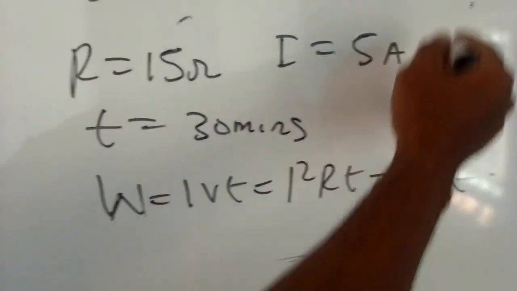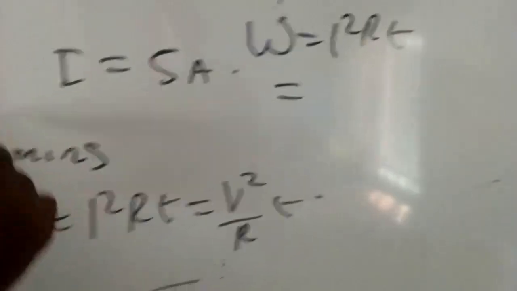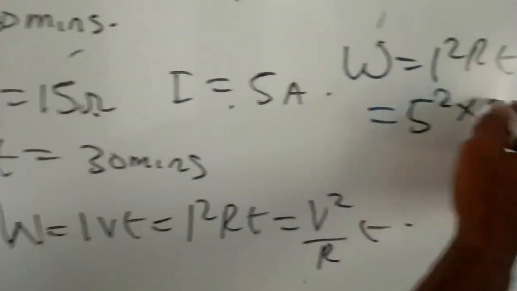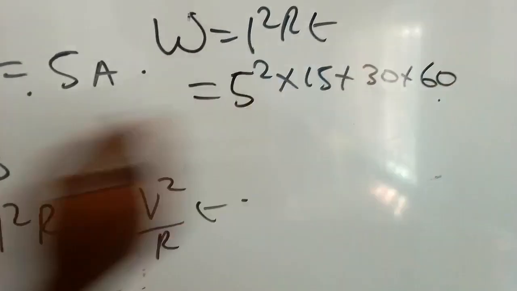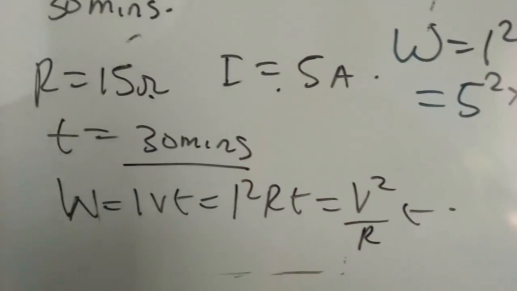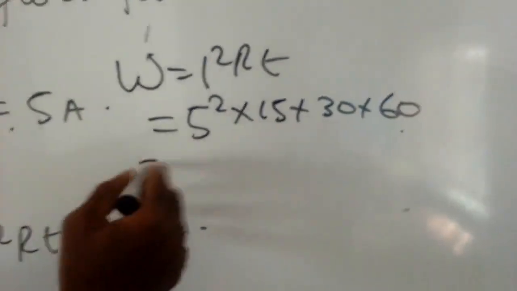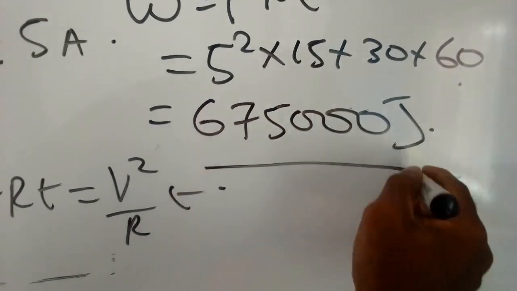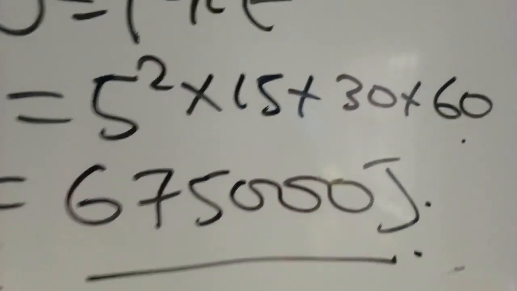So work equals I squared RT, which is 5 squared times 15 times 30, and you have to convert the time to seconds to standardize the unit. Applying everything, we get 675,000 joules of heat energy or work done. So that's the answer to the question.